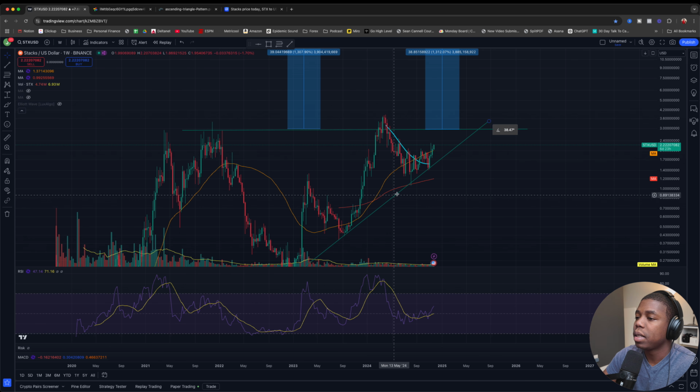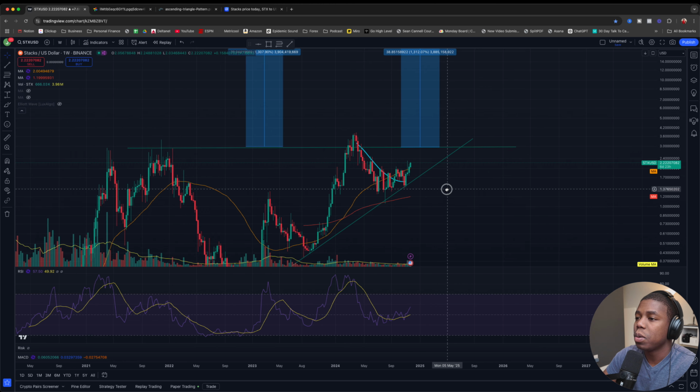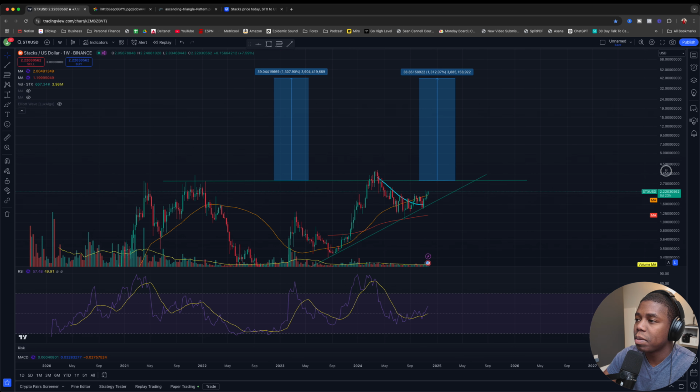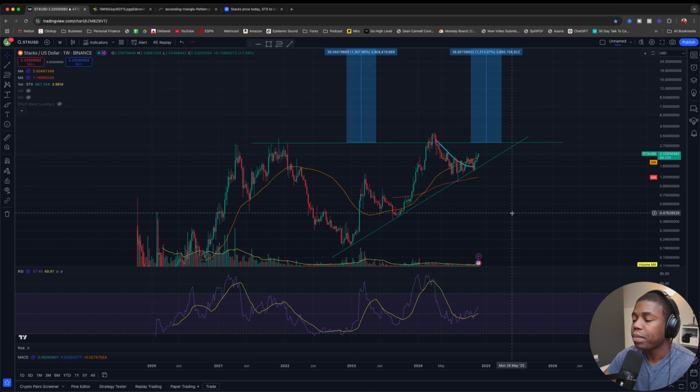So as long as price stays above this trend line, I will continue to buy in all the way up until 40. I mean, I'll probably take some profits before then, but I would be looking to get fully out once it passes 40. That is my main price target.